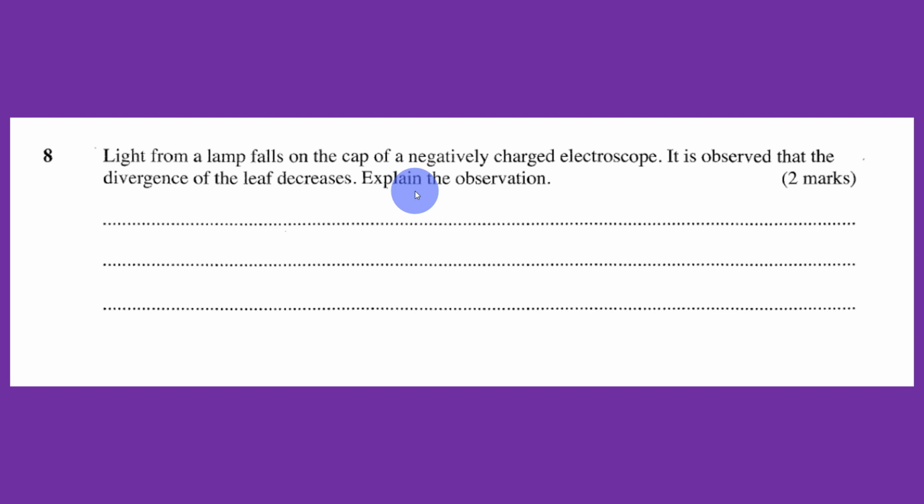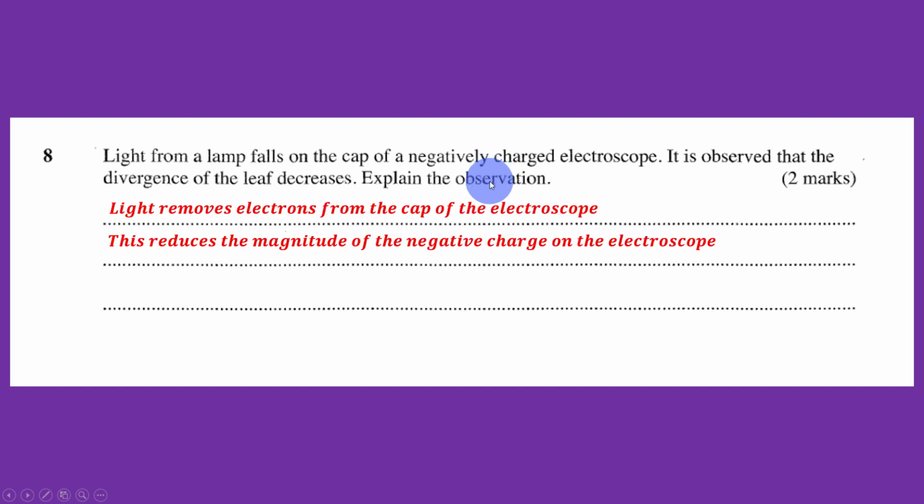Since it is light which is falling on a piece of metal, we have to know that there are charged particles which are emitted from the surface of the metal, and this of course is about photoelectric effect. So the answer to this is that light removes electrons from the cap of the electroscope by photoelectric effect.